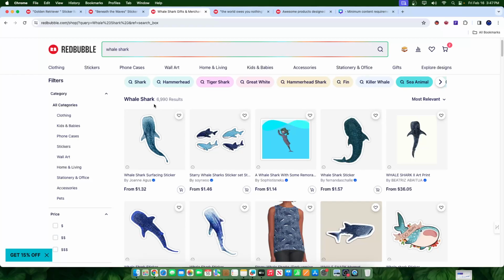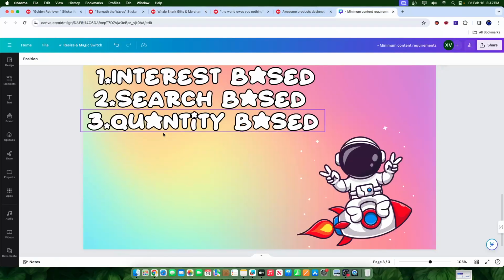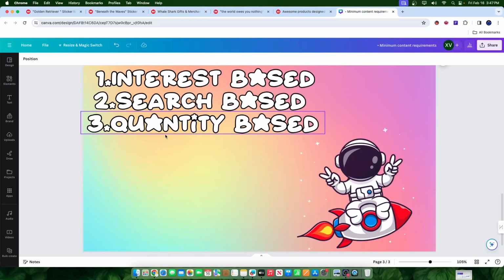So what happens here, and like I said, the focus of this sector of the type of art that you can create, is you're going to have to understand that one design is not going to solve your problem, simply because you're not going to be doing the outside promotion. I want you to understand that if you're doing outside promotion, if you're doing the social media the way we taught it here on this YouTube channel, and I'm not talking about the other channel, I'm literally talking about what we showed, because there's no other channel that shows it in terms of social media, because we do some things that people don't necessarily agree with.